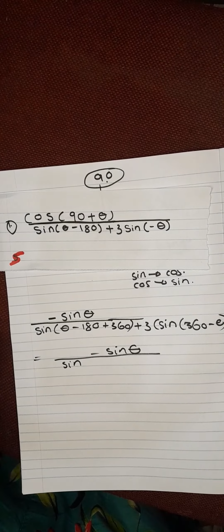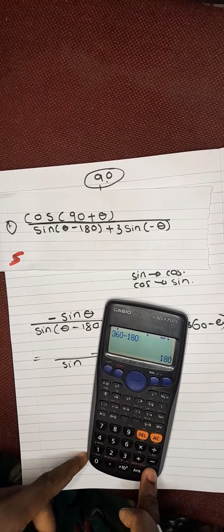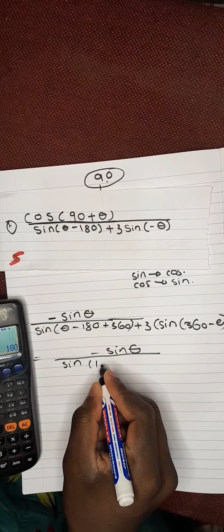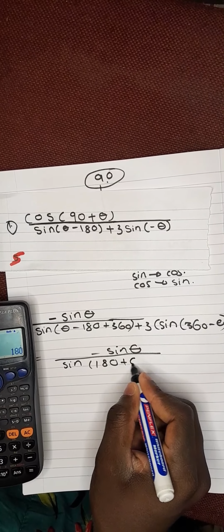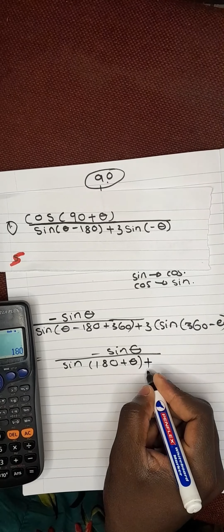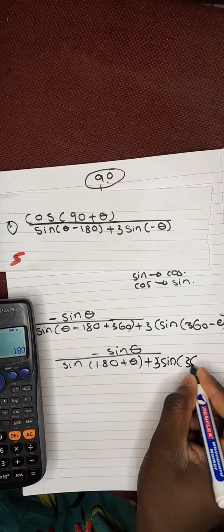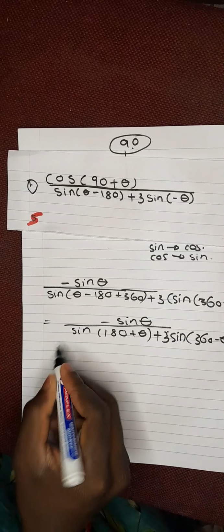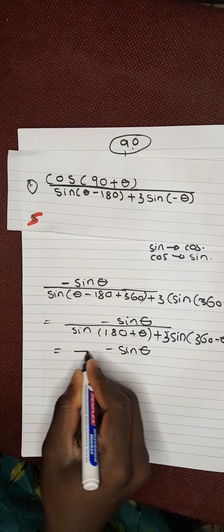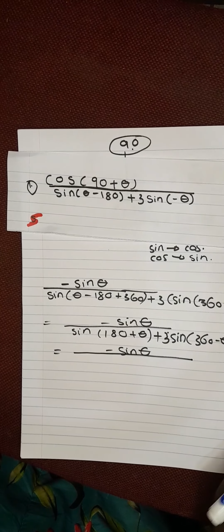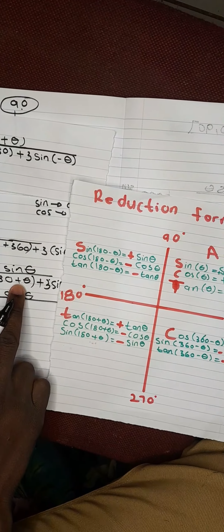Let me see, 360 minus 180 is 180, meaning I'm going to have 180 plus theta, plus 3 sin(360 minus theta) close bracket, meaning I'm going to have negative sin theta, divided by... Then we come here. Where's 180? Here it's 180. Then it's 180 plus theta.